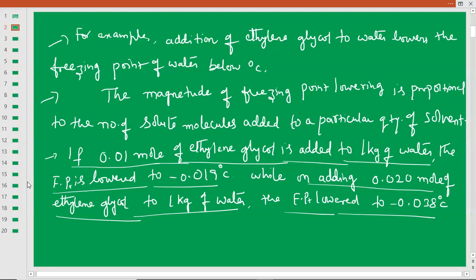So this property is called a colligative property.